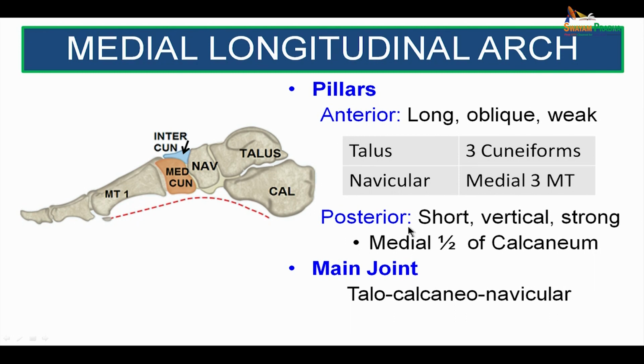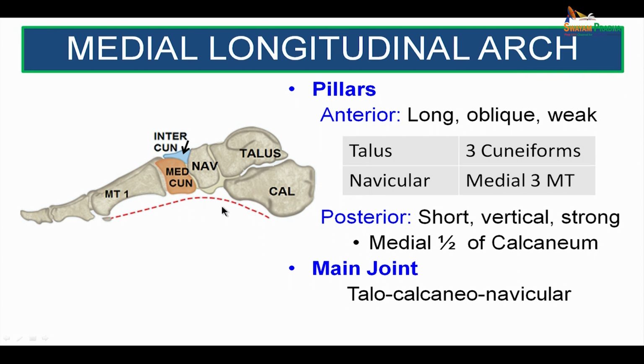Coming on to the pillars, at the anterior end, the pillar is long, oblique and weak, formed by the talus, navicular, the cuneiforms and the metatarsal bones. The posterior pillar of the arch is short, vertical and strong, formed by the medial half of the calcanean bone.